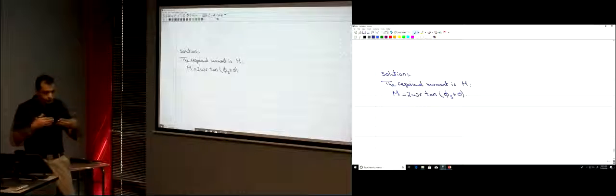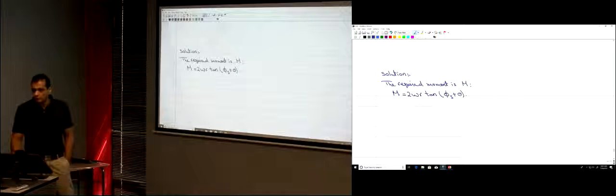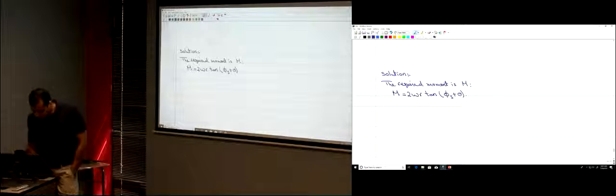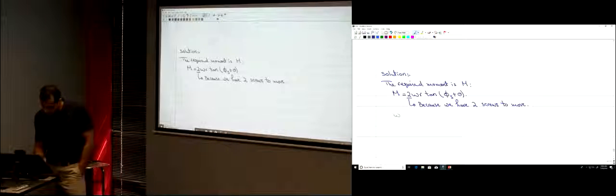Here we have two screws that need to start moving, so we need 2 multiplied by WR.